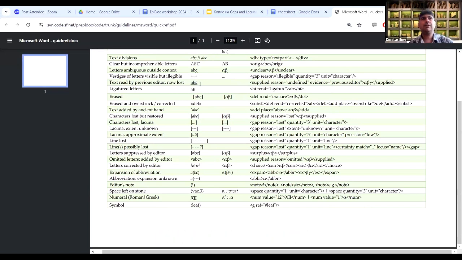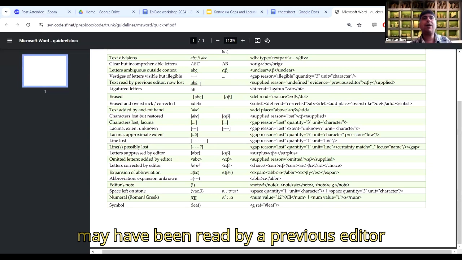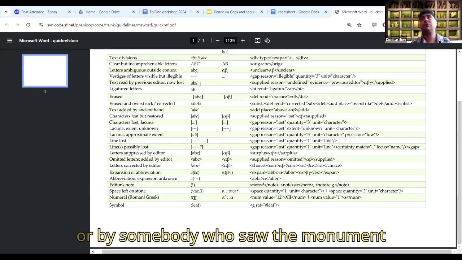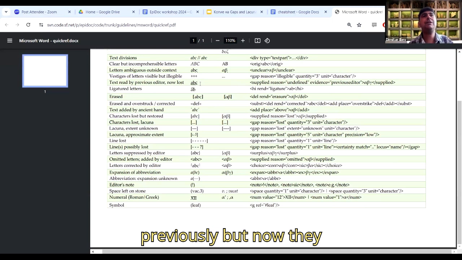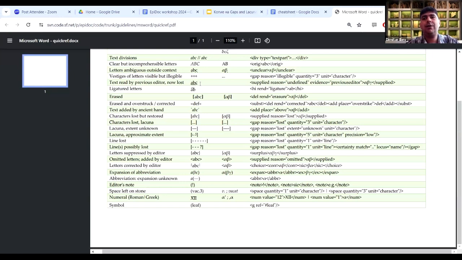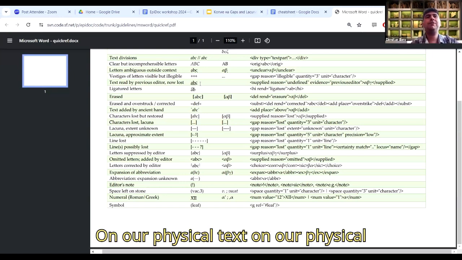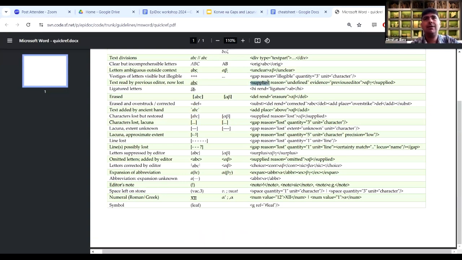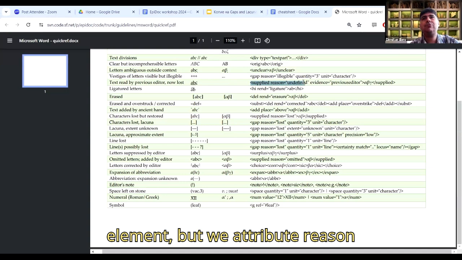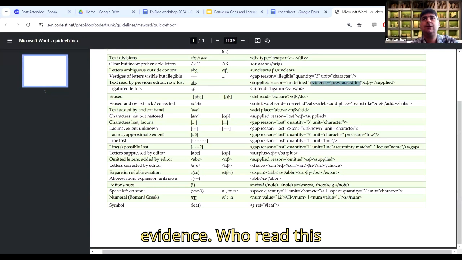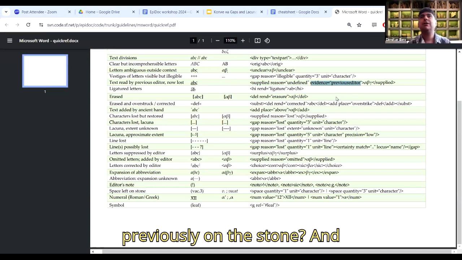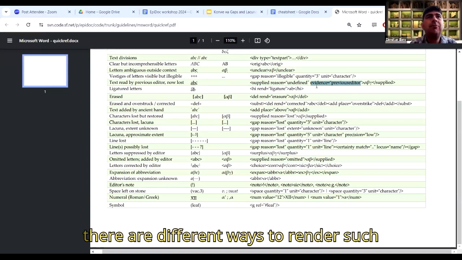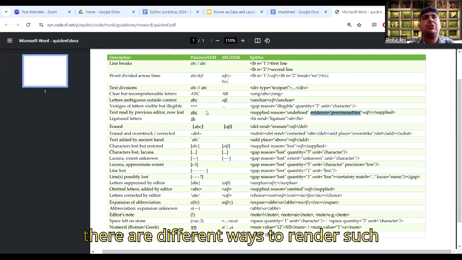Some passages of the text may have been read by a previous editor or by somebody who saw the monument previously, but now they are not present on our physical monument. And then you have also the supplied element, but with attribute reason undefined, and then you give the evidence. Who read this previously on the stone? And there are different ways to render such text.